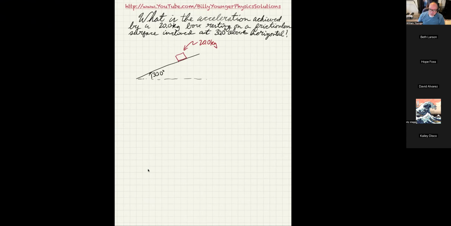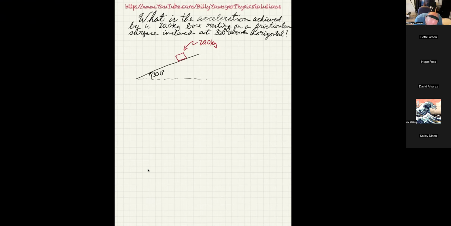Other than banked curves, which we'll do next time for cars and centripetal acceleration, where you don't use a tilted coordinate system, just about every time you solve an inclined plane problem, it's better to use a tilted coordinate system. So that's what I'm going to do here.